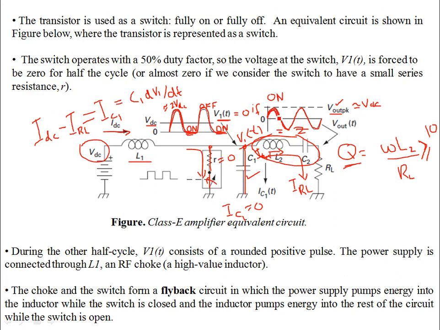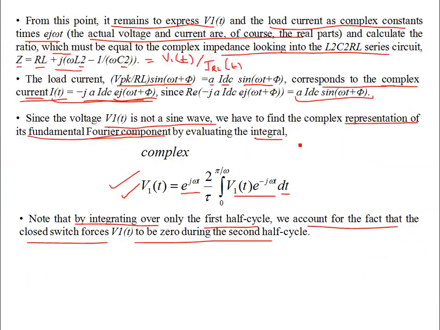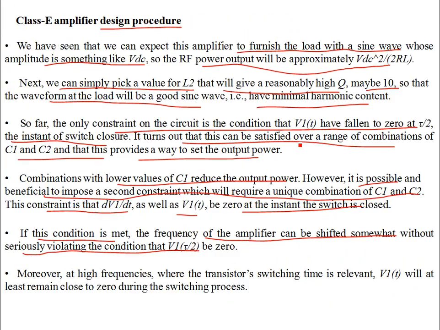For example, it could result in something like this if the frequency is higher. But this is not very important. It would be relevant with very high switching times of the transistors. For example, at high frequencies where the transistor switching time is irrelevant, V1(t) will at least remain close to 0.